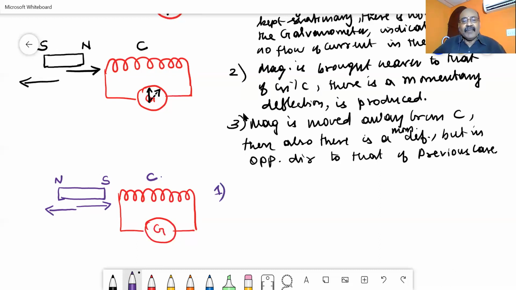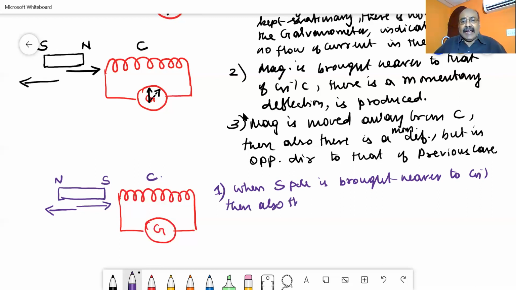Number one, when the south pole is brought nearer to the coil, then also there is a momentary deflection. In what direction?